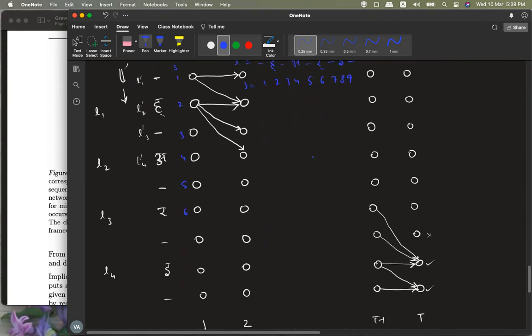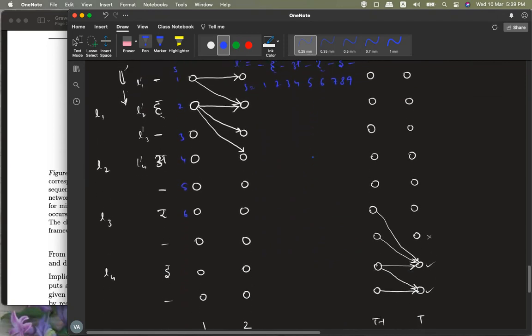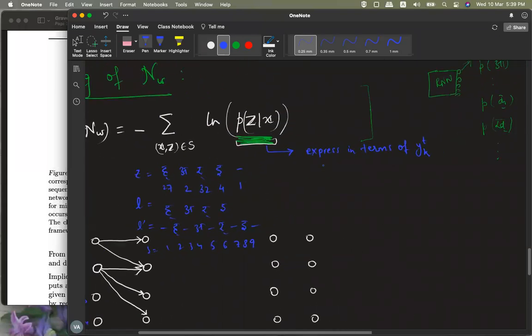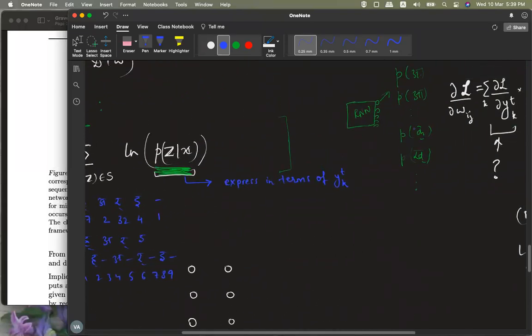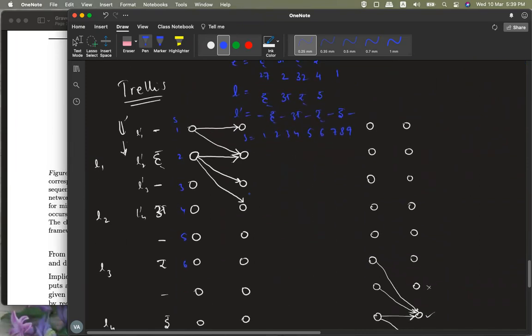Okay, so now let us look at this particular trellis. My network is outputting REE. Now I want to train: what is the derivative of L with respect to y_k^t? Let us say this is my sound. Now go back to your trellis. Which all places does your sound occur?